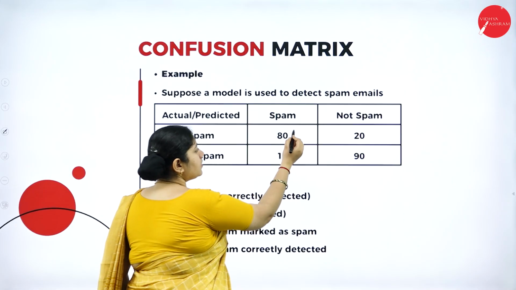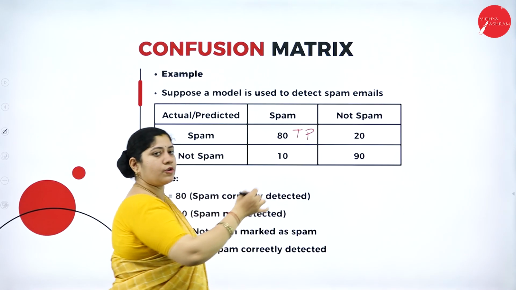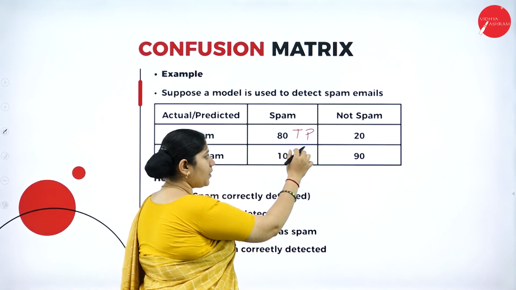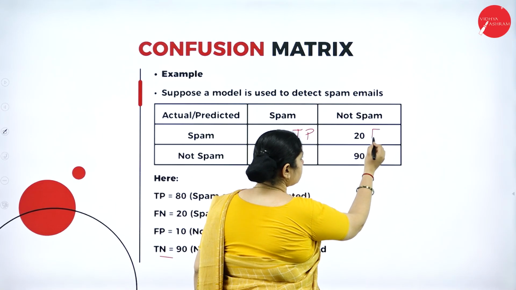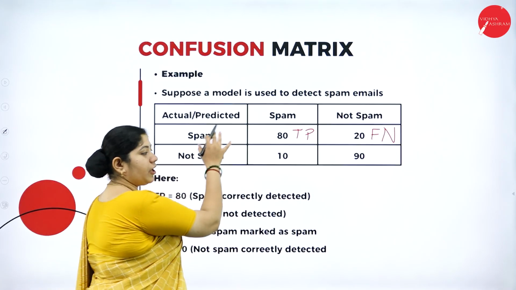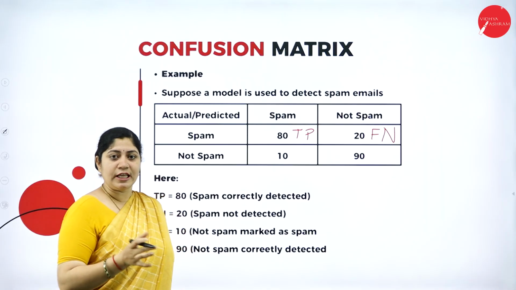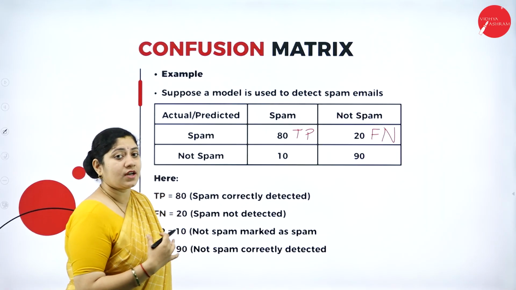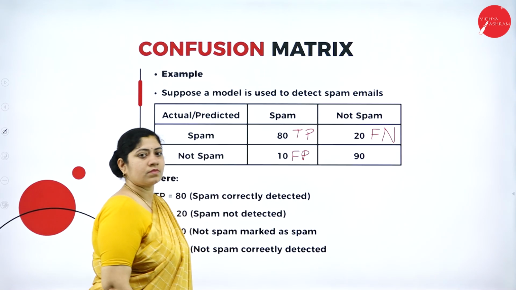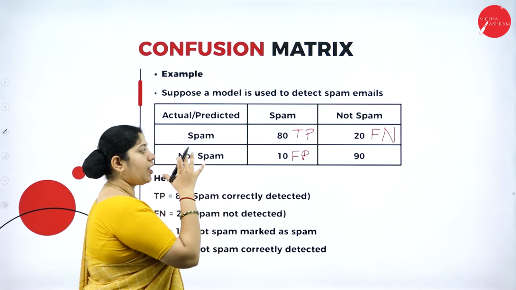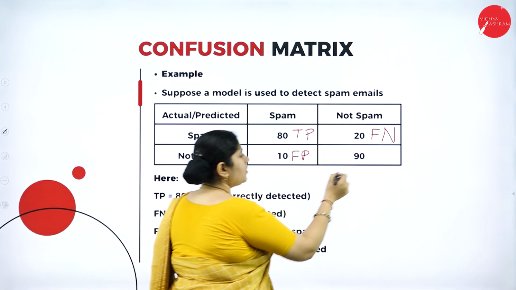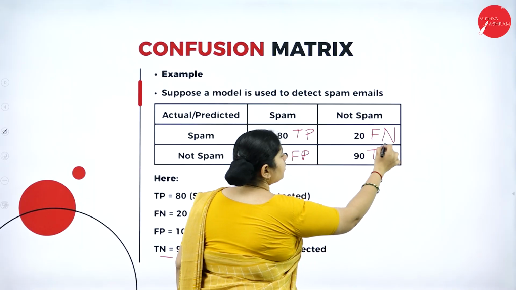We can consider this as TP, true positive, and the spam mails that were not detected are considered false negative. Then not spam mails marked as spam, there is a confusion, and it is considered a false positive. Further, not spam, the actual correct messages, are considered true negative.